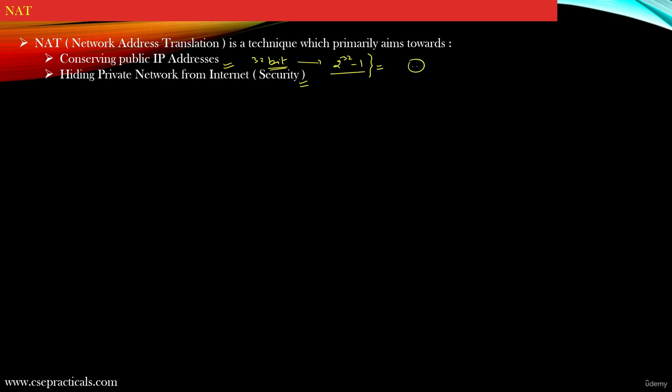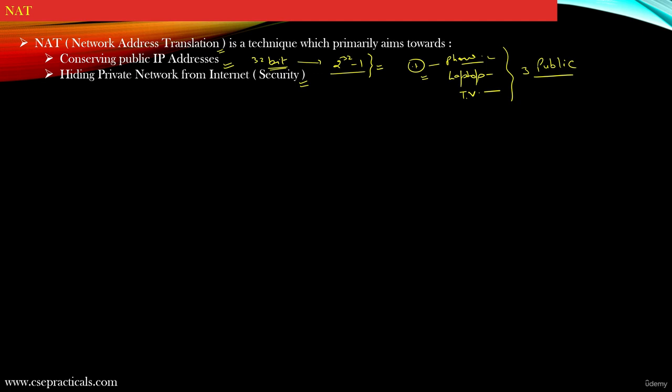So if you, as an individual, own a phone connected to the internet, a laptop connected to the internet, and a television set connected to the internet, you are already consuming 3 public IP addresses if network address translation was not invented. That is just one individual, and because the number of IPv4 addresses is limited, network address translation has been invented as a technique to conserve the usage of IP addresses.